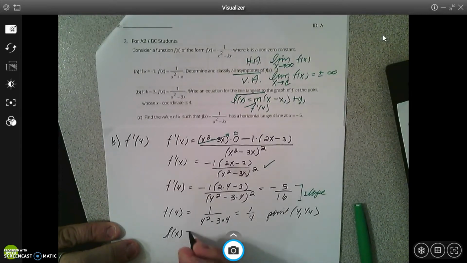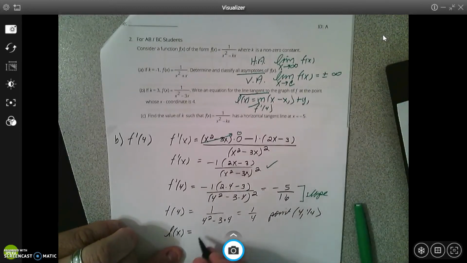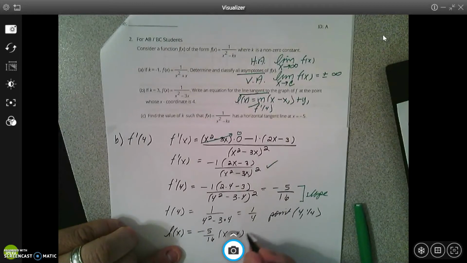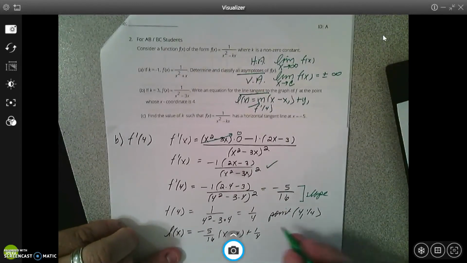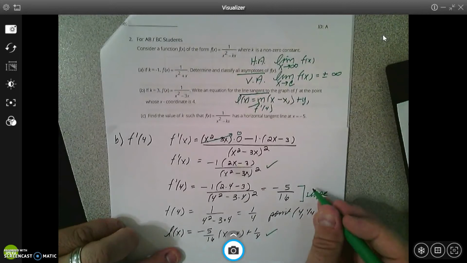Writing everything together as my tangent line, we take the slope, negative 5 over 16, times x minus 4 plus 1/4.